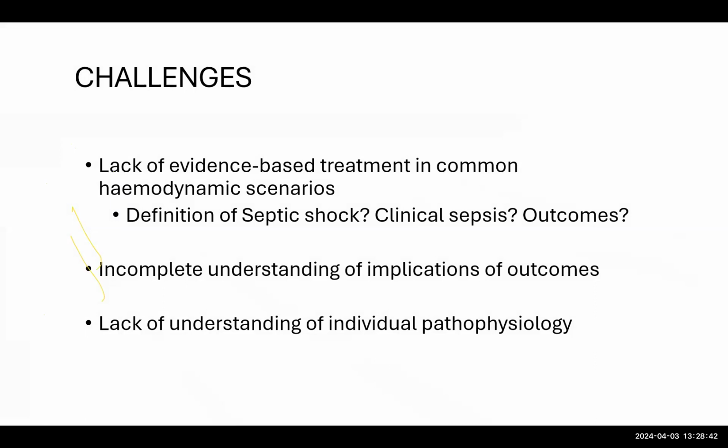So what does clinical sepsis mean? It means a lot of things. Studies may use different outcomes: 7-day mortality, 14-day mortality, neonatal mortality, BPD, and so on. So it's very difficult to directly compare the findings of different studies, and many of them do not have a detailed illustration of individual pathophysiology.